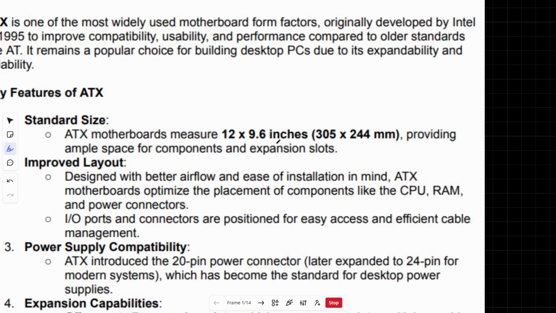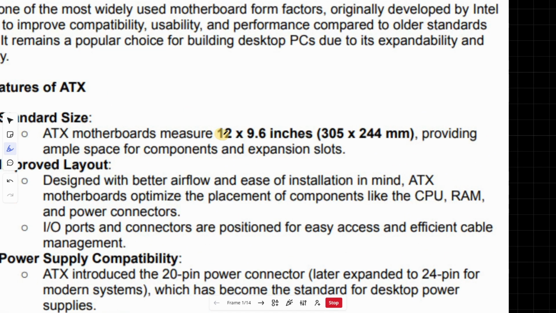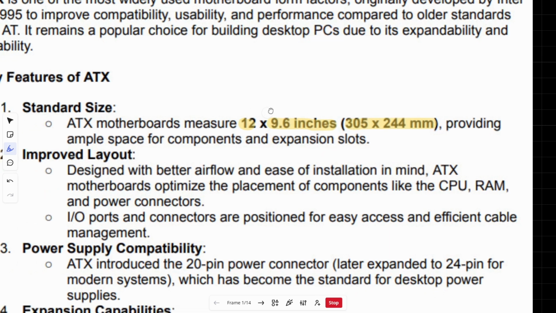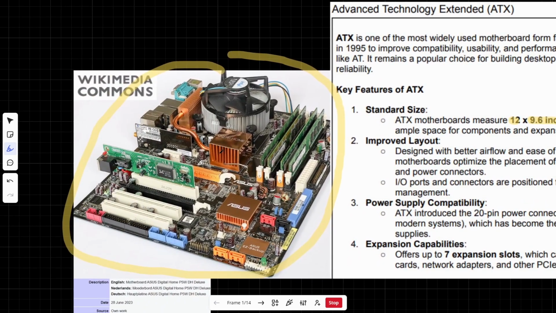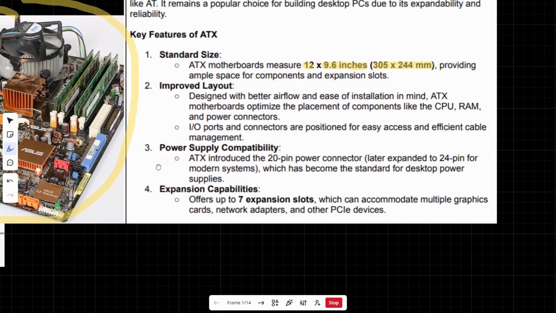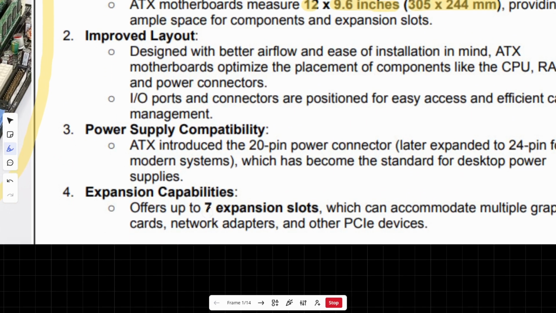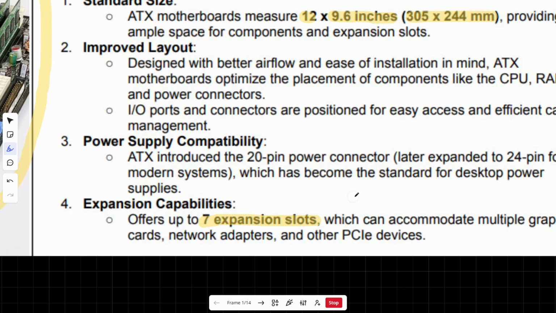It is, and here's a key thing you need to know, 12 by 9.6 inches, which translates to 305 by 244 millimeters, but 12 by 9.6. Remember that number, and simply remember the thought that this is the one with the most amount of expansion slots. Typically, it offers up to 7 expansion slots. All right, so that's a lot of capability for expansions.